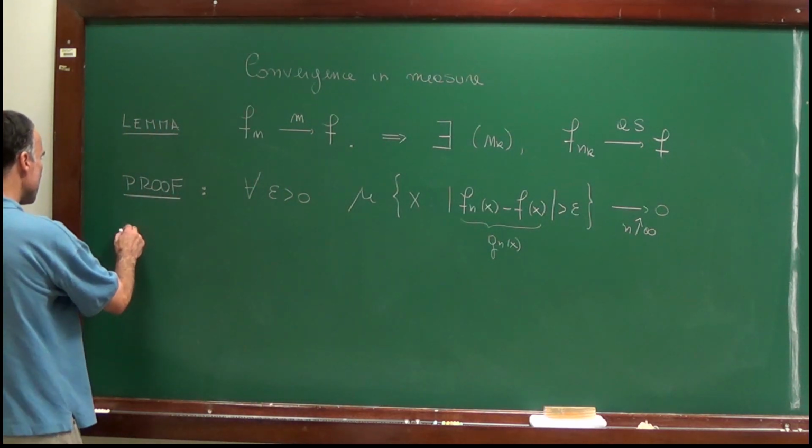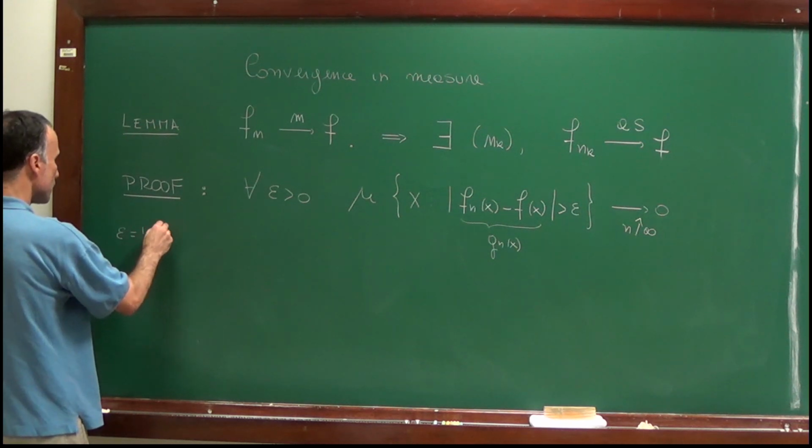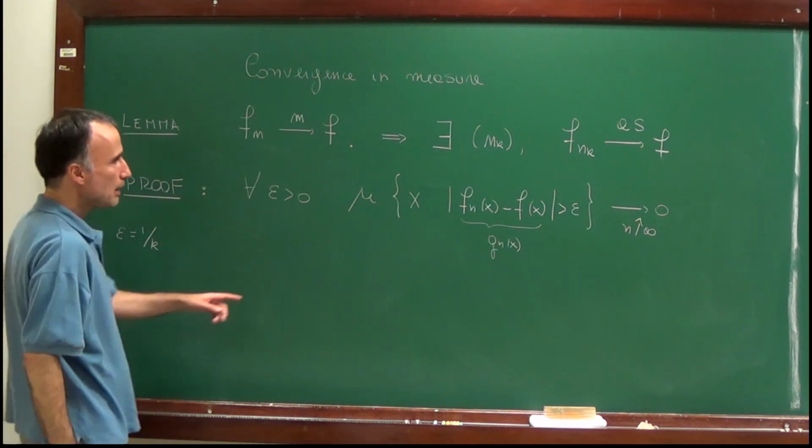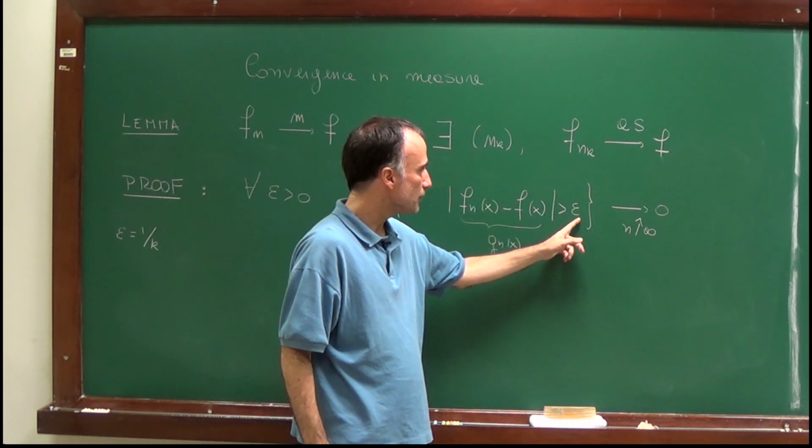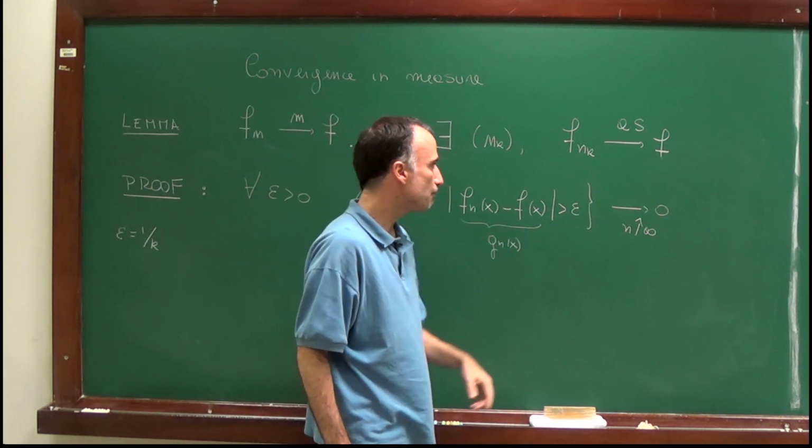Well, if I take epsilon equal to 1 over k, I know that this sequence with epsilon equal to 1 over k is converging to 0.